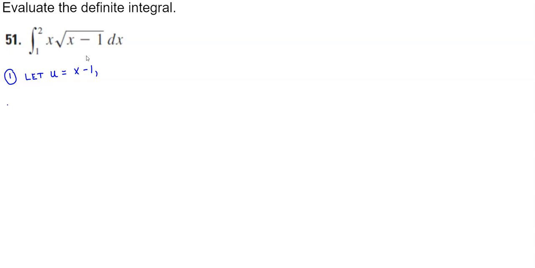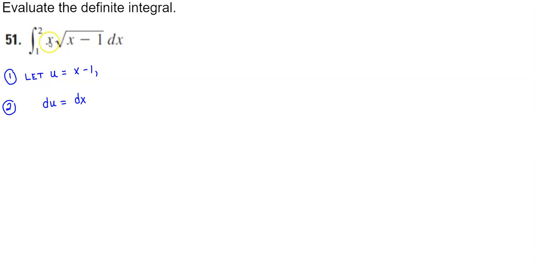Now in step number 2, we're going to take the derivative of both sides. So we have du, and the derivative of x is 1, so we end up with dx because the derivative of minus 1 is 0. Now if you notice here, we can substitute dx for du, but then we have to figure out what to substitute for x.